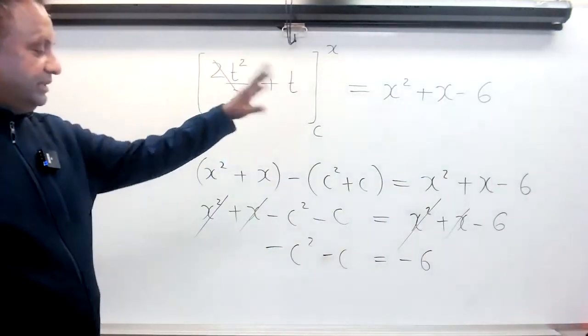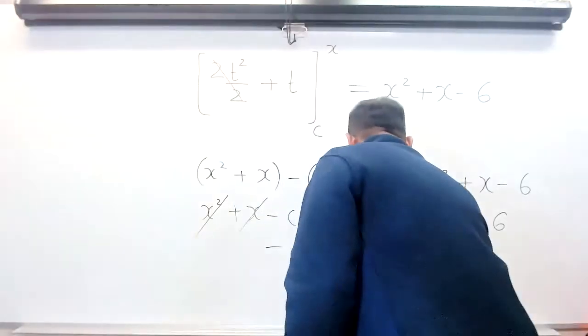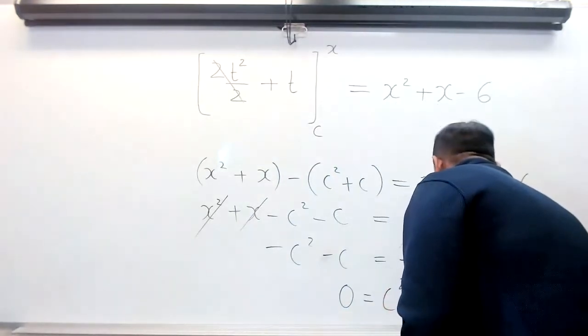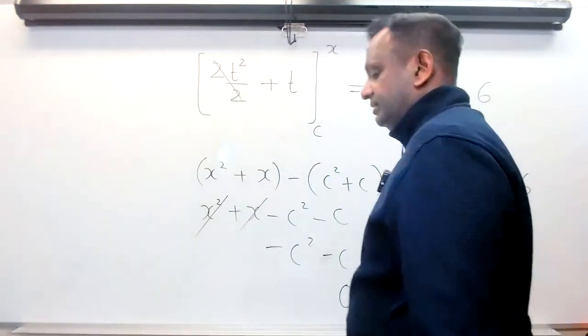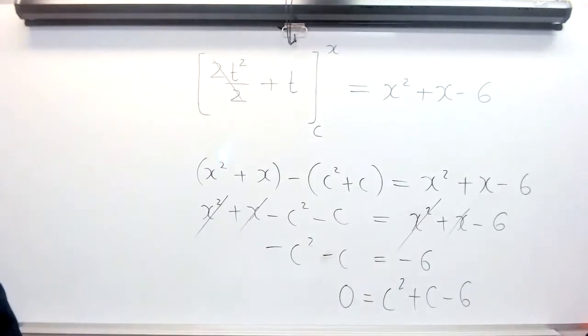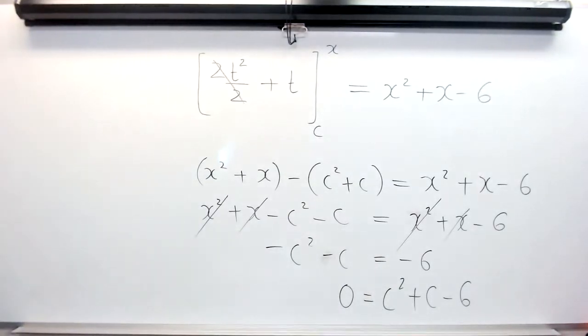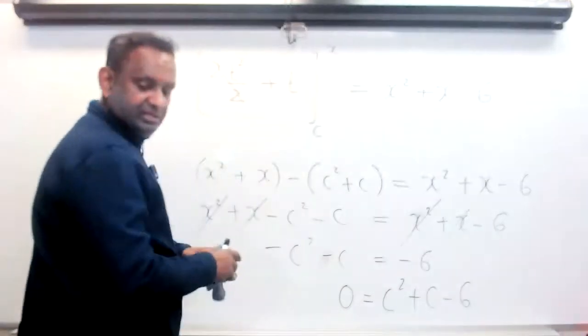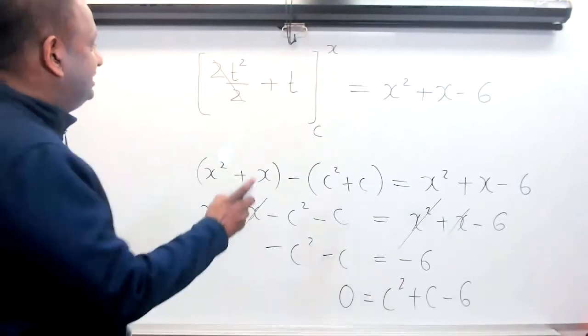We can take everything to one side to make a quadratic equation of c: c squared plus c minus 6. I took everything to the right-hand side. When you take this to that side, you have to switch the sign. Now I'm going to flip and write.